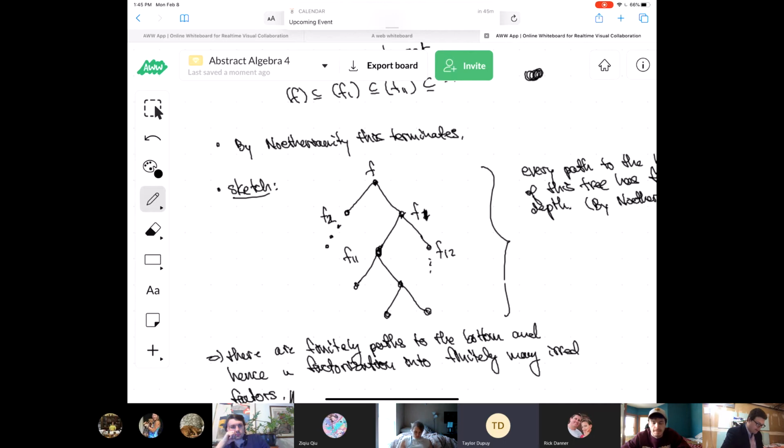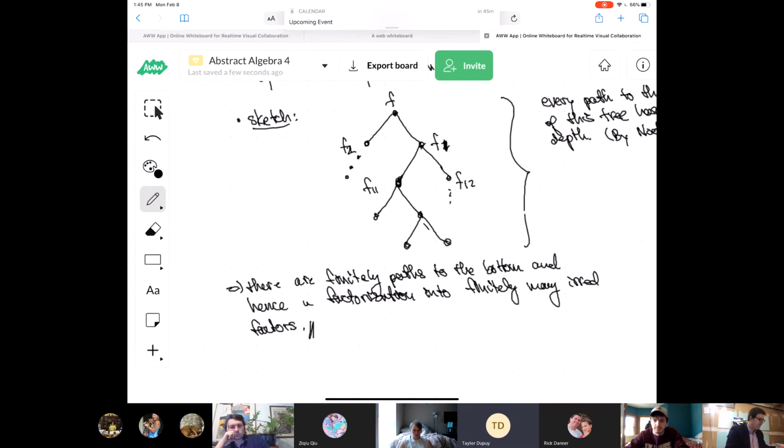And then you have this one divides this one. So to divide is to contain, is what some people like to say. And so anytime you go down the tree, you're going to have a divisibility and hence a containment. Okay, cool. But it doesn't show that the factorization is unique, just that such a factorization exists.